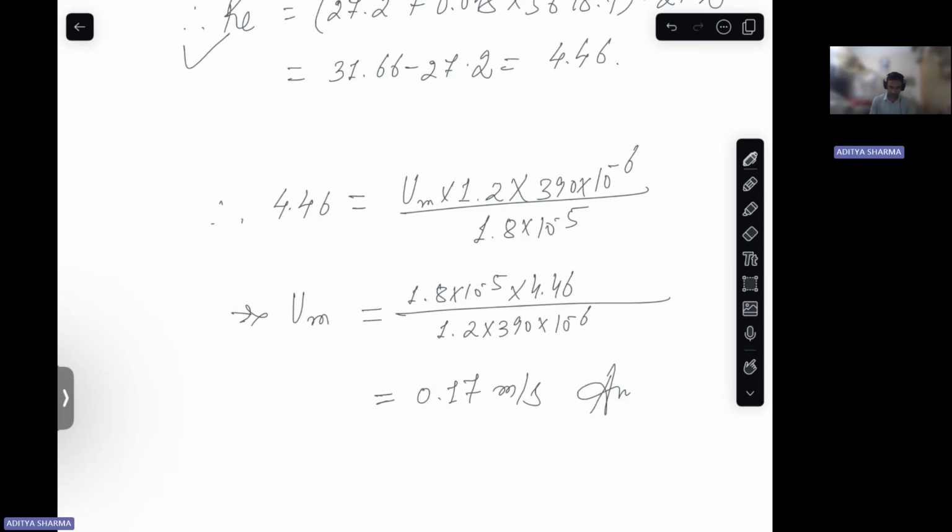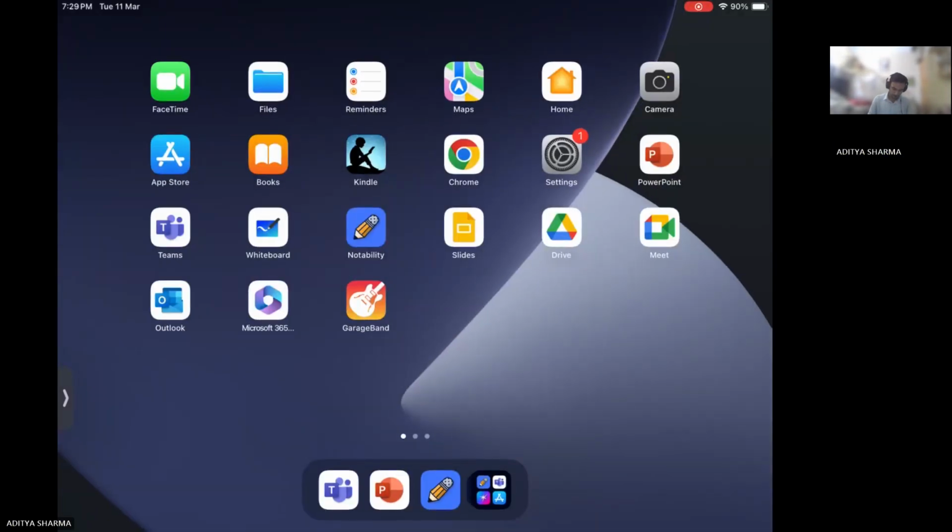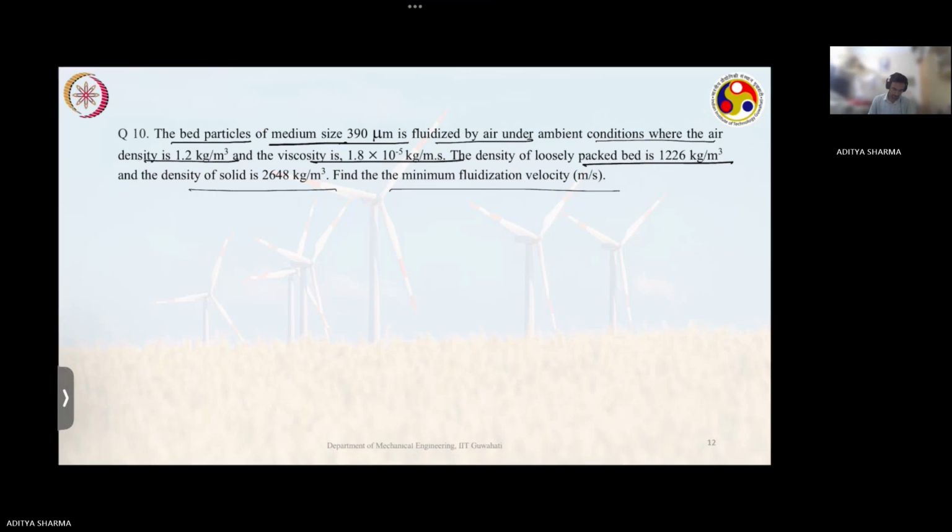So this is your answer to this question, for minimum fluidization velocity.